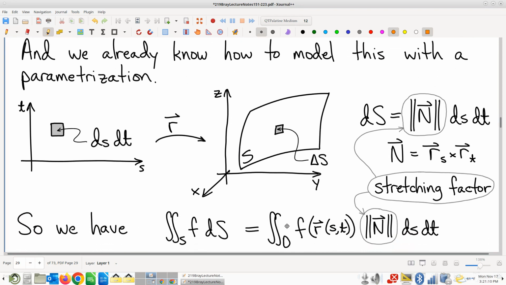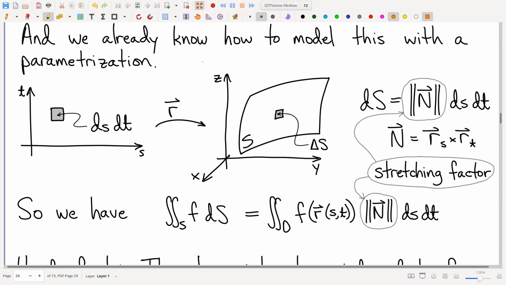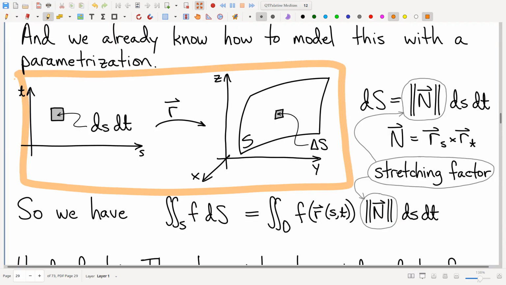Well, we actually already have everything that we need to do this. Recall, we've already talked about parametrizing surfaces. We've already talked about how a little piece of output area, dS, relates to a little piece of input area, ds dt.